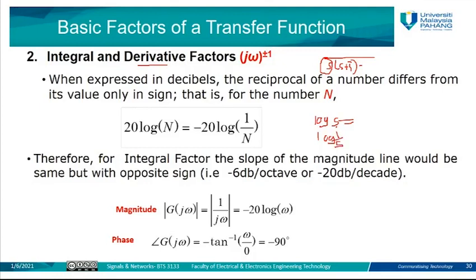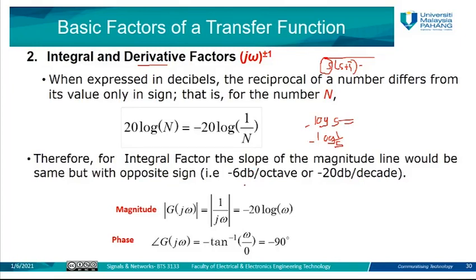The value of log 5 is the same, only the sign will be changed. If you try using your calculator to find log 5 and log 1 over 5, it will give you the same value, but with a negative sign. For example, log 10 is equal to 1. Log 1 over 10 will be equal to negative 1.